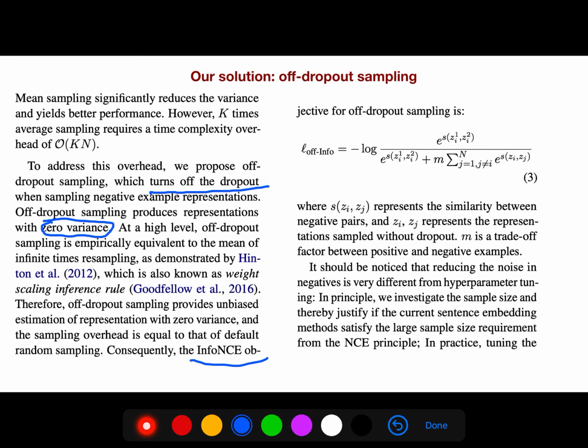So the InfoNCE objective for off-dropout sampling is now this. And s here is just the similarity between negative pairs, and z sub i, z sub j are the representations sampled without dropout. m here is just the trade-off between positive and negative pairs.